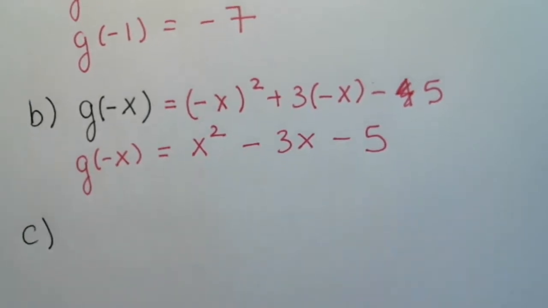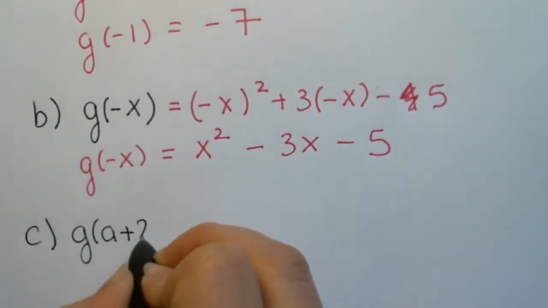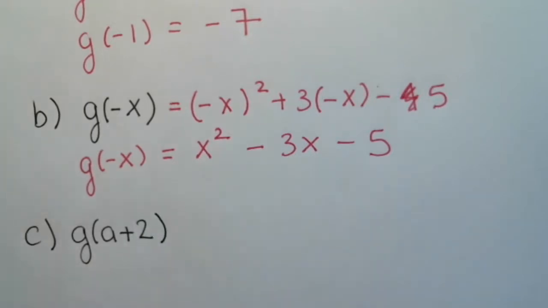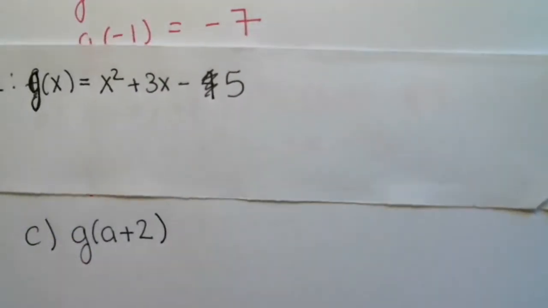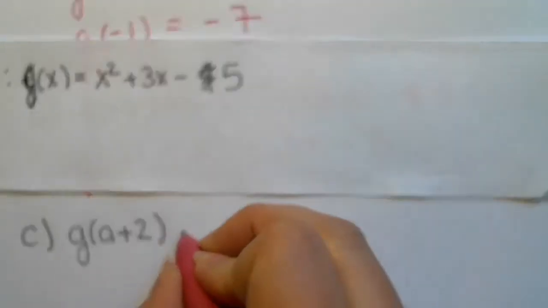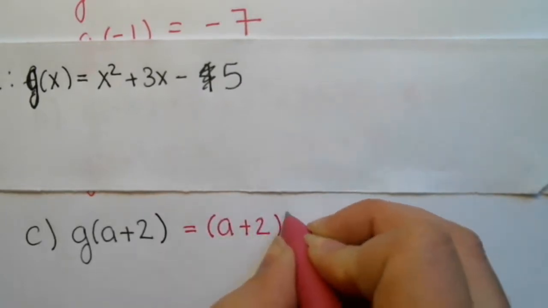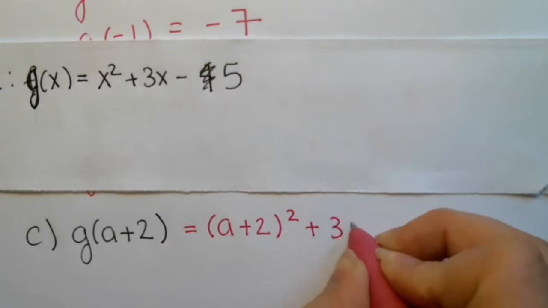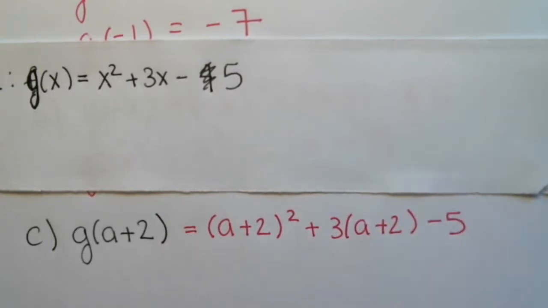Let's try another example. Okay, so now we're plugging in a plus 2. So again, remember this is what our original function is. So we're going to plug in a plus 2. So we'll have (a plus 2) squared plus 3 times (a plus 2) minus 5.